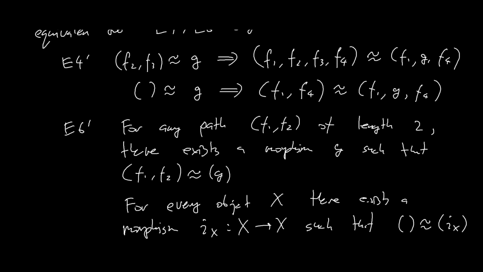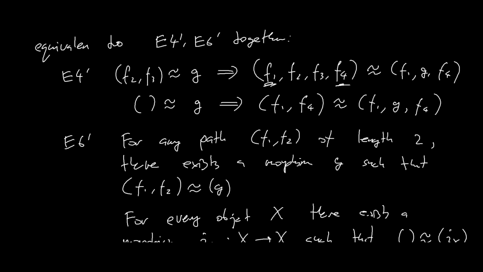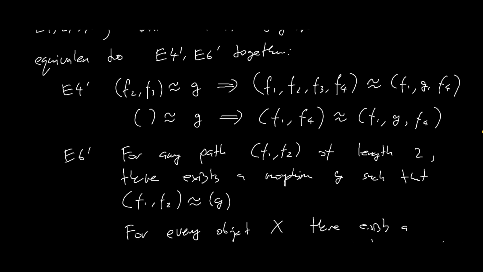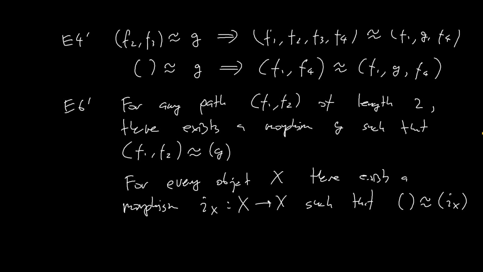With even further restriction that we don't need to care about having many surrounding morphisms, right? So it turns out that these kind of special case, I mean, you will agree with me surely that if I do have E4 and E6, then E4 prime and E6 prime will also hold, because these are just very special cases of E4 and E6.